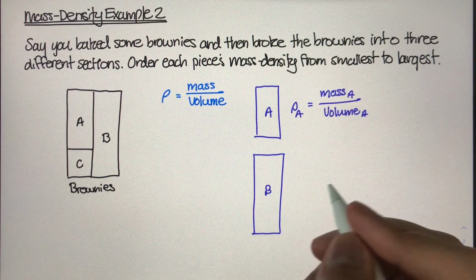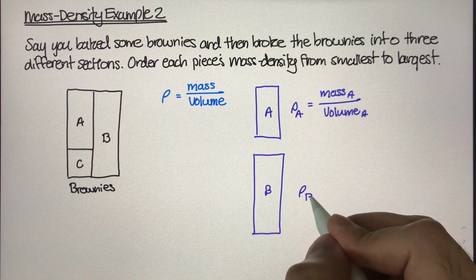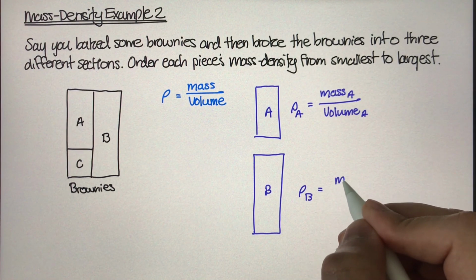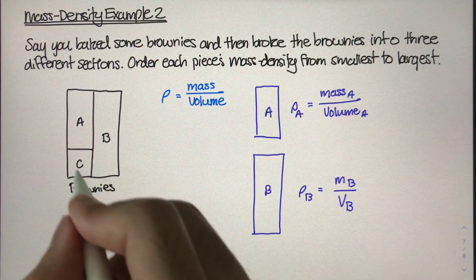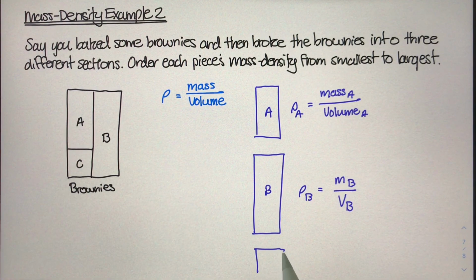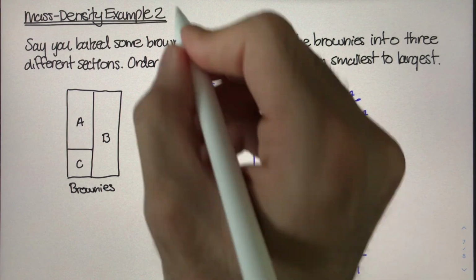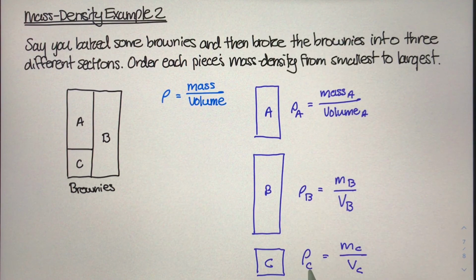This is B, and the mass density of B is equal to the mass of B divided by the volume of B. And then finally, we have this tiny piece here that we have C. So the mass density of C is really just the mass of C divided by the volume of C. Each of these pieces has its own mass density because they're broken up into 3 separate pieces.